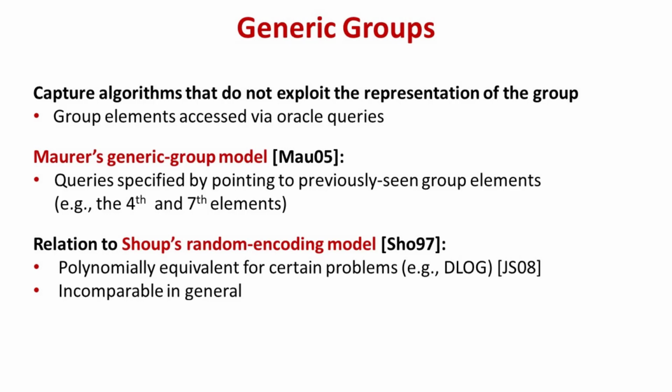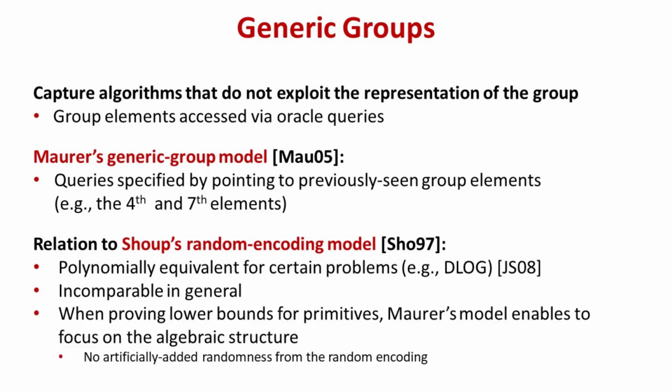This model is a bit different from the generic group model originally suggested by Shoup. In Shoup's model, each group element has an explicit random representation. These two models have been shown to be polynomially equivalent for certain problems, such as the discrete logarithm problem, but in general, the two models are incomparable.